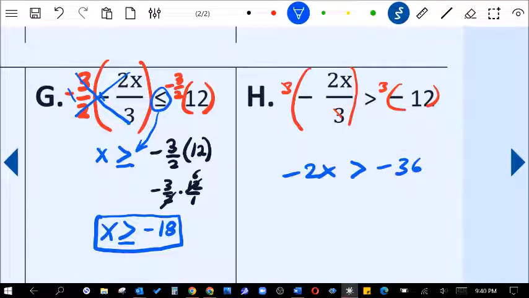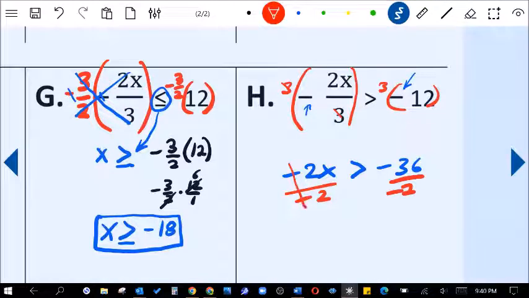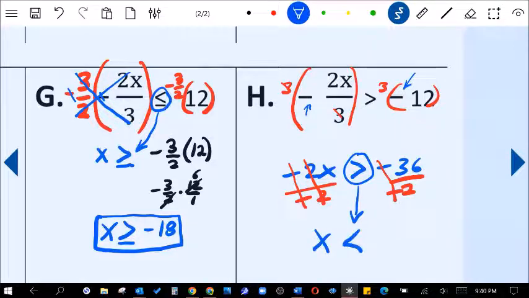Now, the fact that this one's negative doesn't mean anything. What matters is this negative here, because now I'm going to divide by the -2. I could just do the 2 and then divide by -1 later, but might as well do them both at the same time. Those cancel out, and these cancel out. But we have to change that inequality sign. We have x, but now it's less than, and 36 divided by 2 is 18.